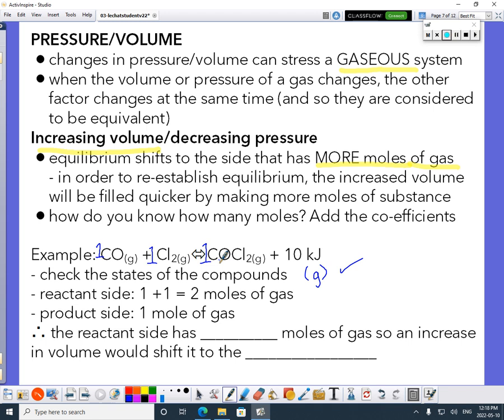Product side, 1 mole of gas. So the reactant side, does it have more or less moles? More. So if you increase the volume, it needs to shift to the side with more moles to fill up faster. So shift left.